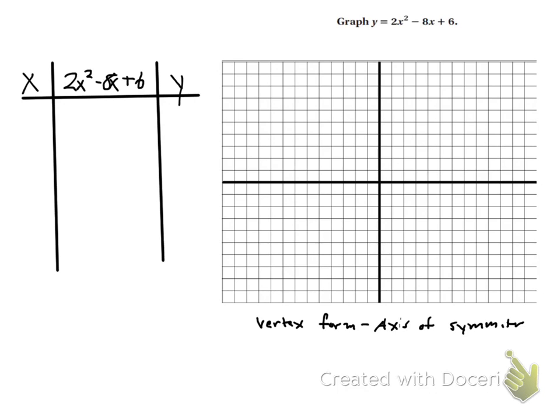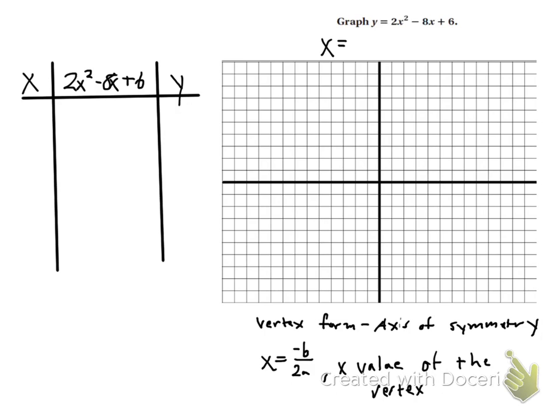It is x equals negative b over 2a, where this is the x value of the vertex.